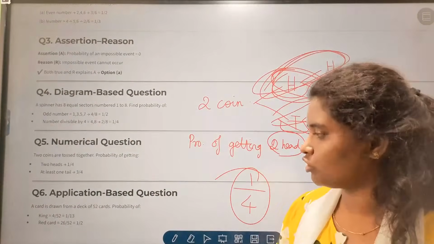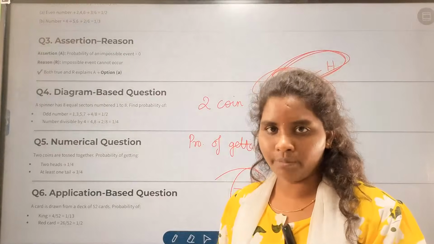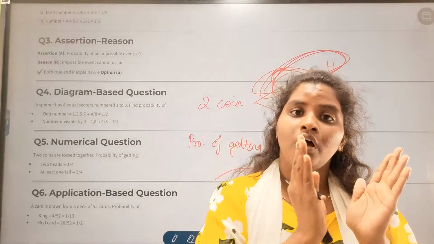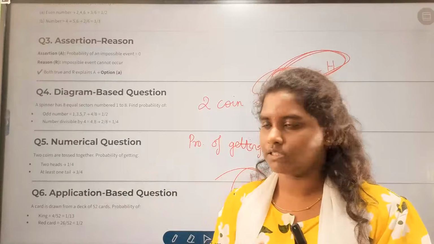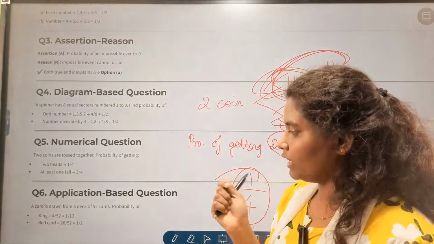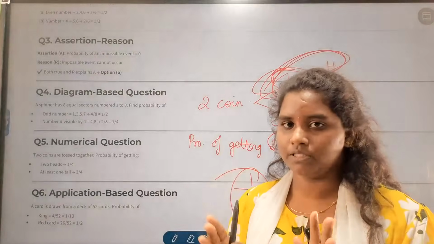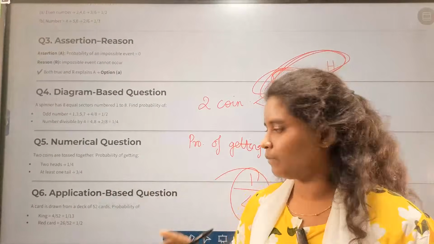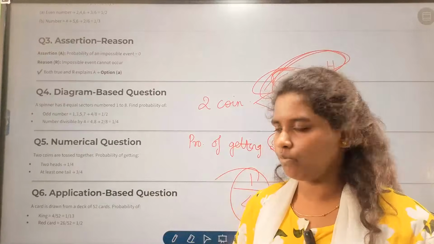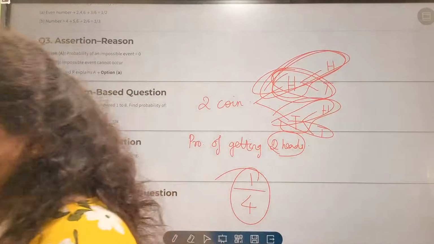And the second question, what is the probability of getting a red card? So red card means, black cards 26 and red cards 26, right? So red cards 26 means 13 plus 13, red card 26 divided by the total sample space 52, which is equal to 1 by 2 is the answer.